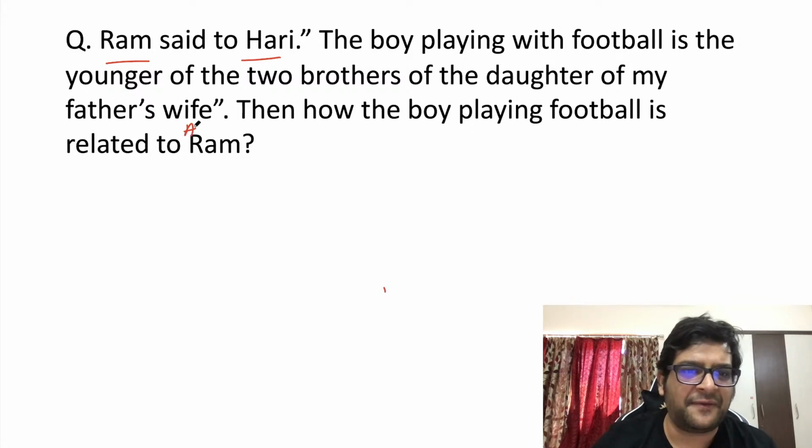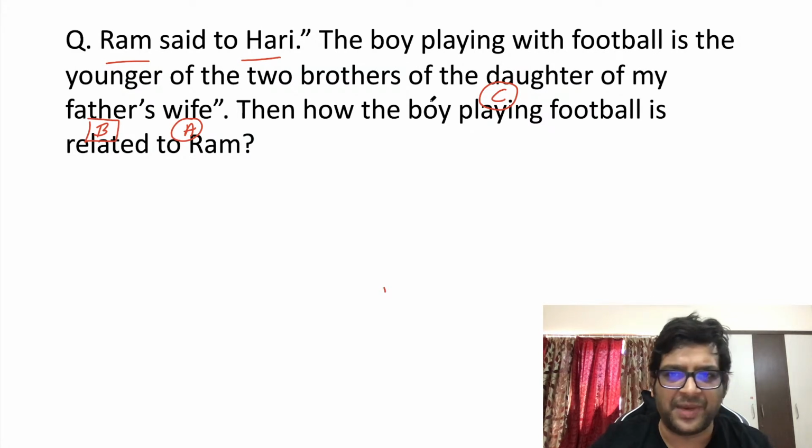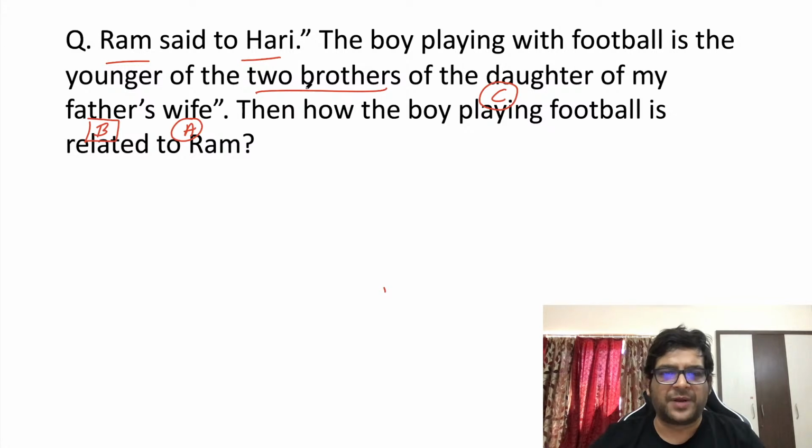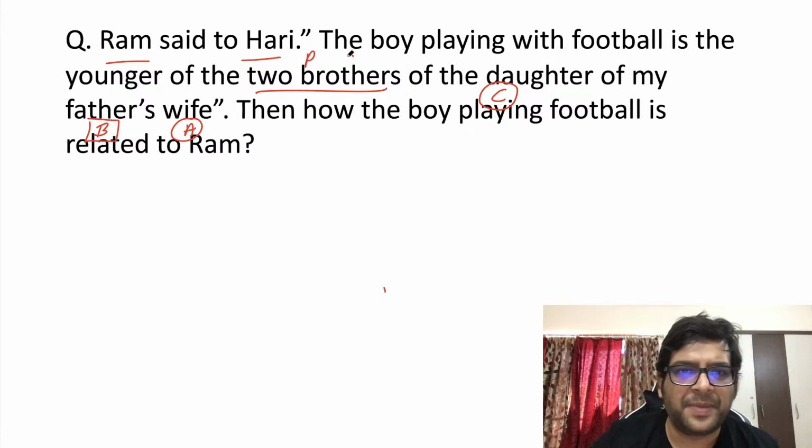So, father's wife A, father B, daughter C, who is a female. Please note what I am doing. A was wife, so female, B was father, so male, C was daughter. And then I have two brothers. So let me call them P and Q, the two brothers. That might come in handy.